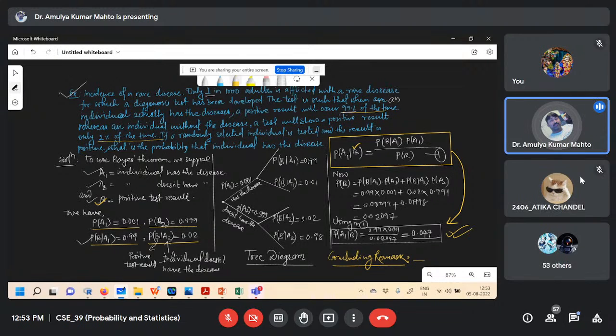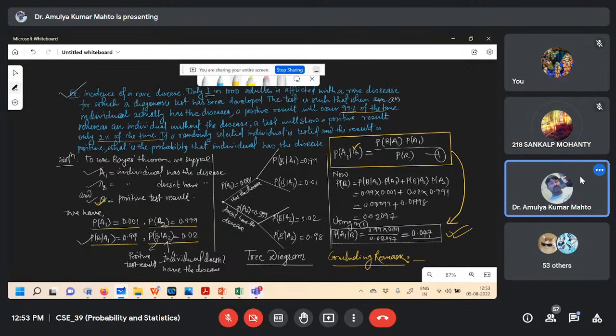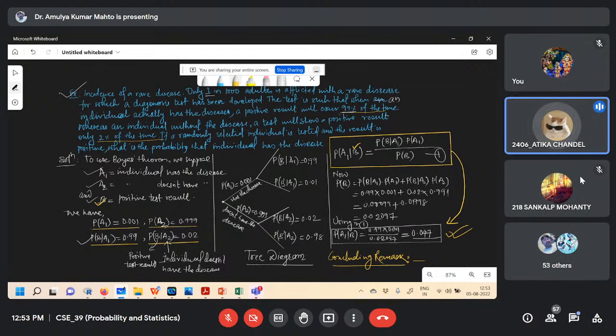Any question, let me know. Sir, the probability of having a disease given a positive result will not be equal to the probability of a positive test result given the individual has the disease? Like, P(A1|B) is not equal to P(B|A1)?